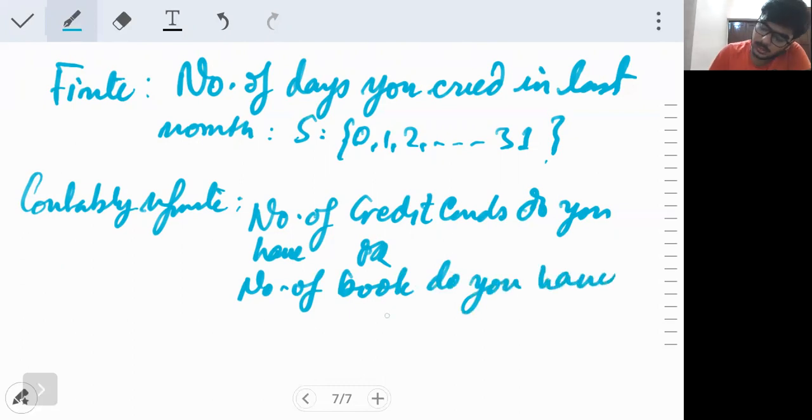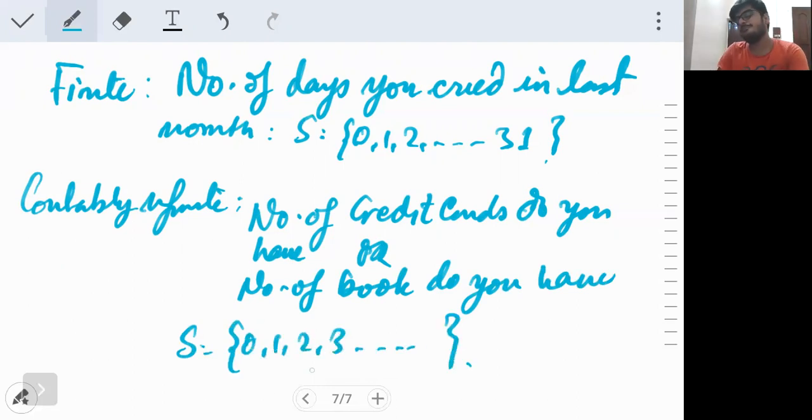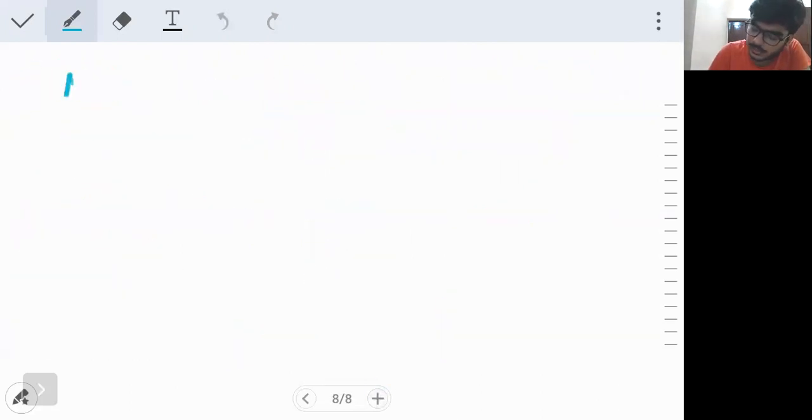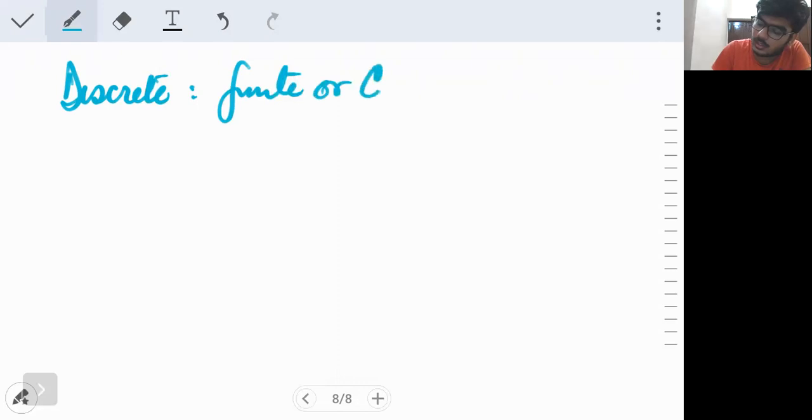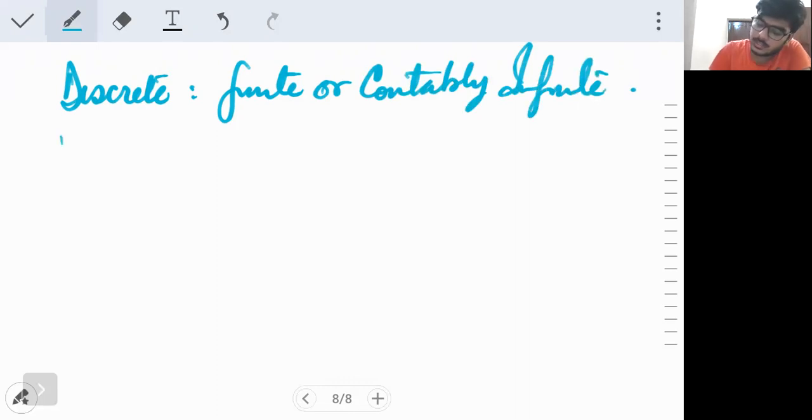For both of the questions, the sample space could be 0, 1, 2, 3, up to an infinite number, that is countable but infinite. So what we saw about discrete is that the sample space has to be finite or countably infinite.